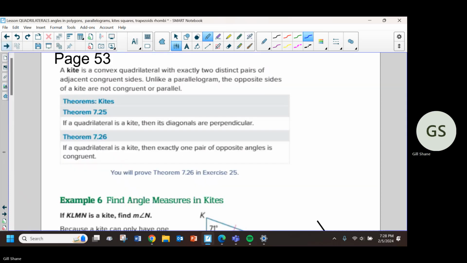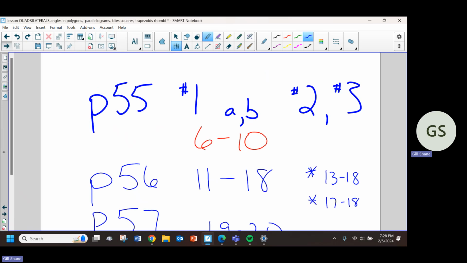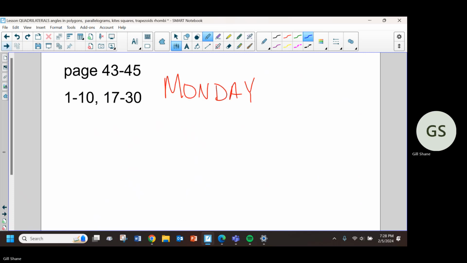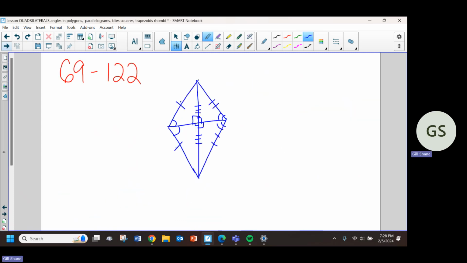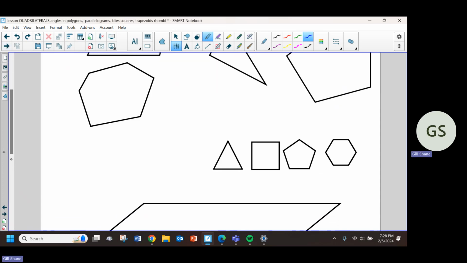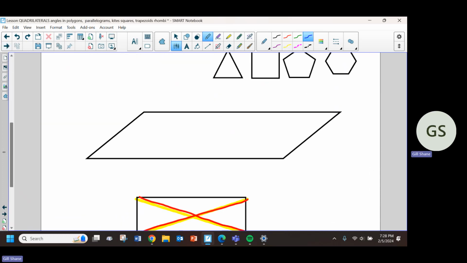So again, in parallelograms, in order to prove it's a parallelogram, if I just know those are parallel and that those are congruent, is that not enough information?